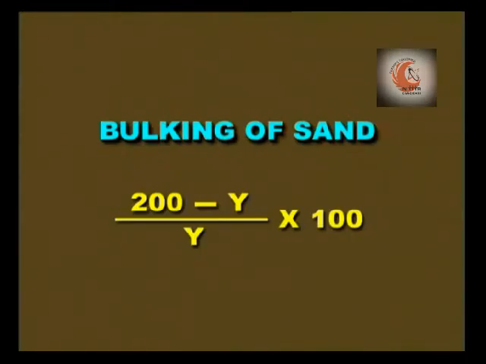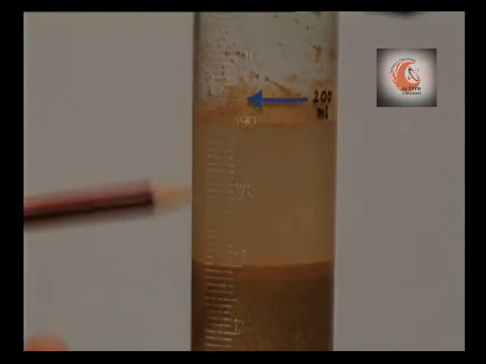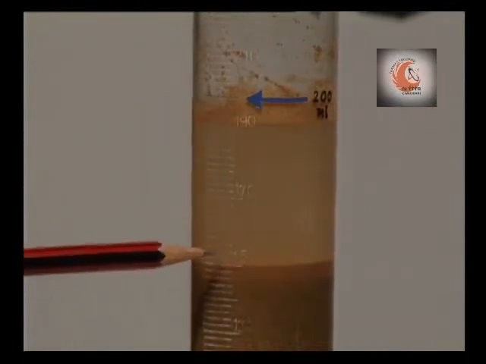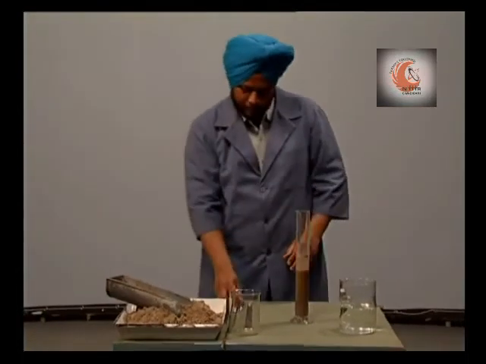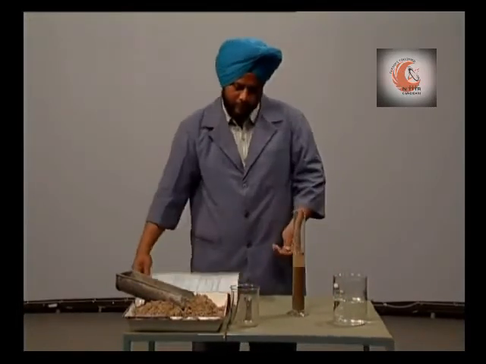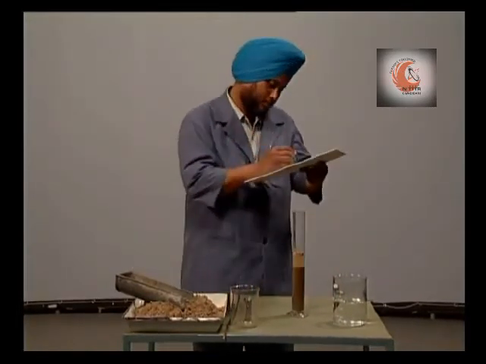Bulking of sand shall then be calculated by using the formula 200 minus Y divided by Y multiplied by 100. The value of Y in the present case is 150 ml. This reading is recorded in the observation sheet.